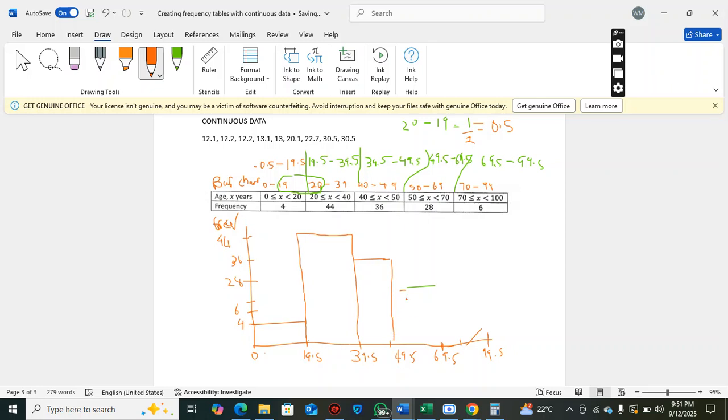From 49.5 to 69.5, that is 28. From 69.5 to 99.5, that is 6. And you've now made your histogram.